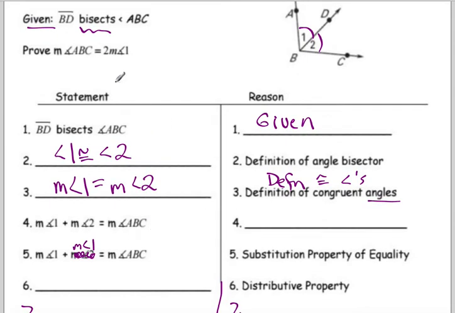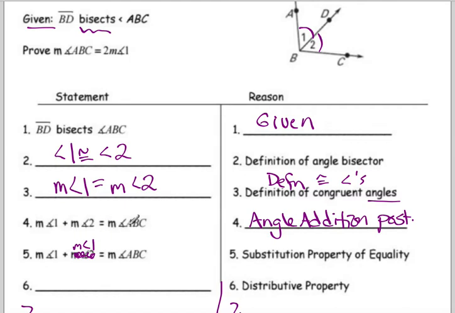Now, we are wanting to talk about the measure of ABC. The measure of ABC is putting these angles together. And so if we're wanting to do that, we're wanting to add these angles equal to the whole angle. And when you're doing that, that is the angle addition postulate. Adding 2 angles equal to 1 large angle that they create, angle addition postulate.